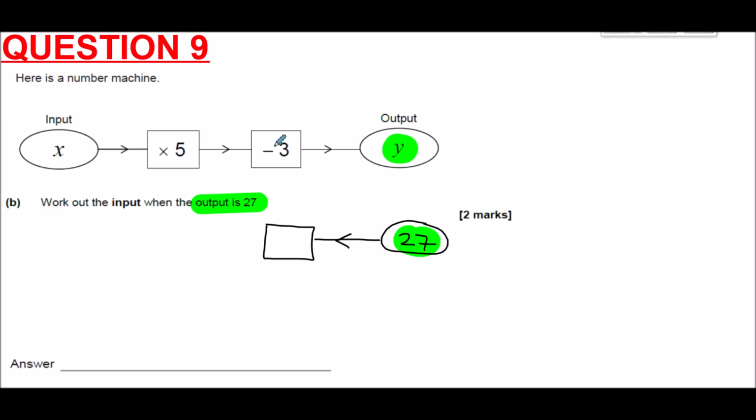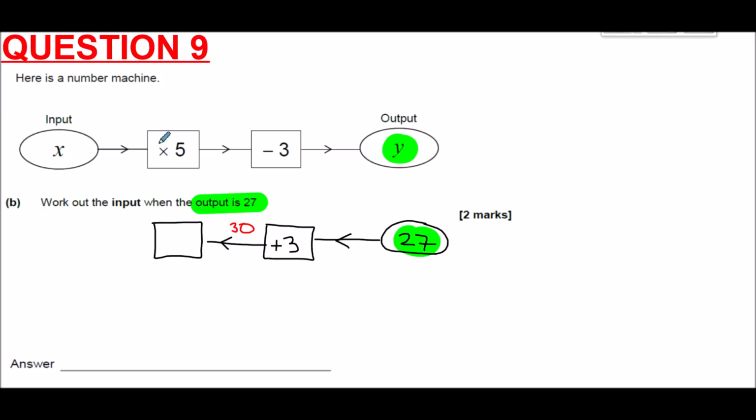So going forwards, at this stage above, we subtracted 3. But because we're going the opposite way, we're now going to do the opposite thing. Opposite of subtracting 3 is to add 3. And so 27 add 3 would give us 30. But we carry on working backwards.